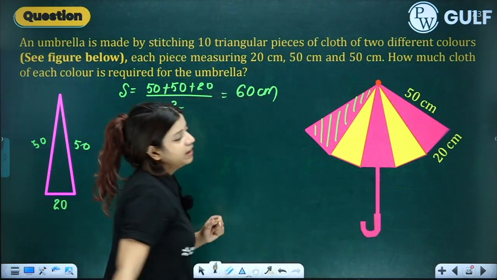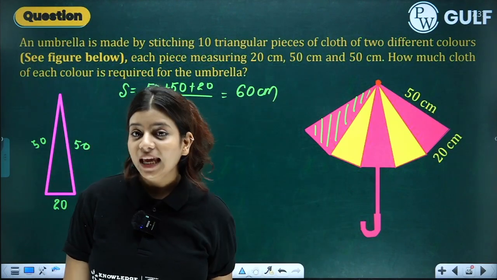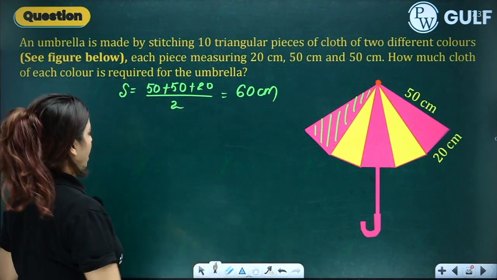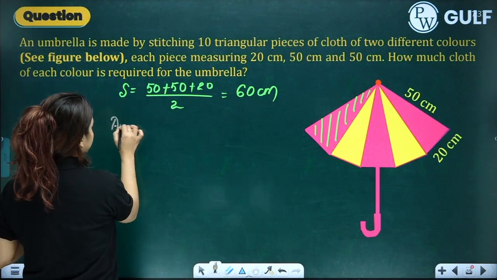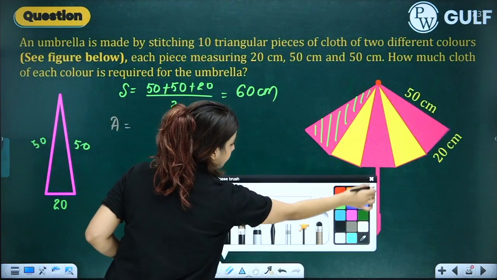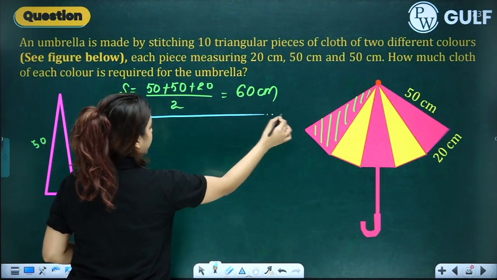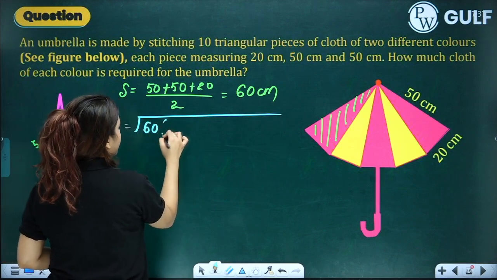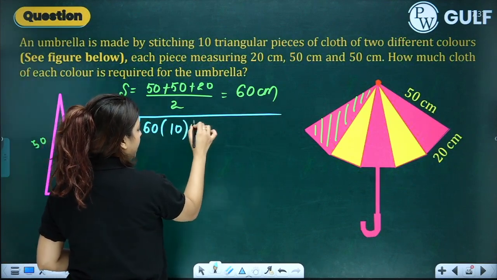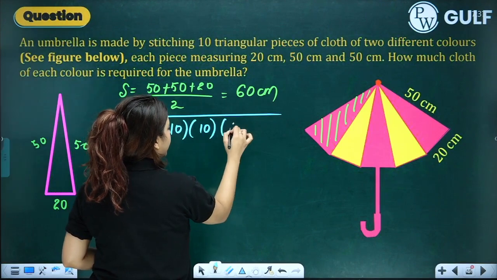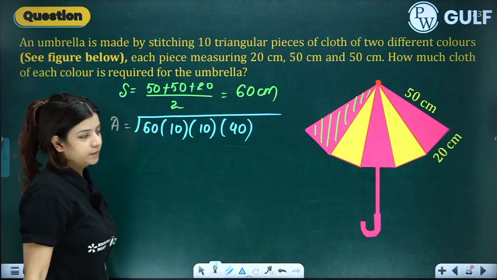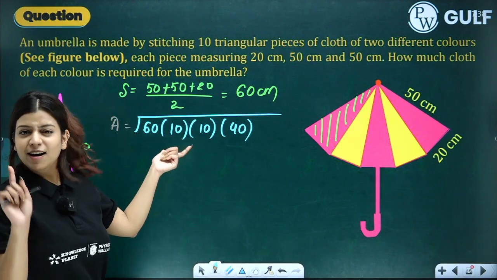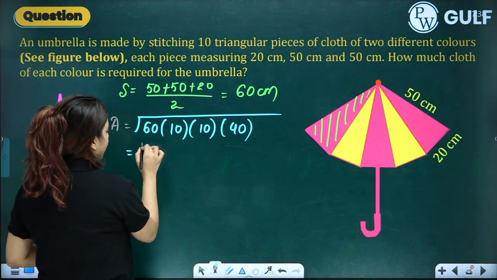The next thing that we have to do, students, is to calculate the area of this one single triangular cloth. So area will be equivalent to under root of S, that is semi-perimeter, S minus 50, S minus 50 and S minus 20. So this is what will give us the area of one single triangular piece, right?